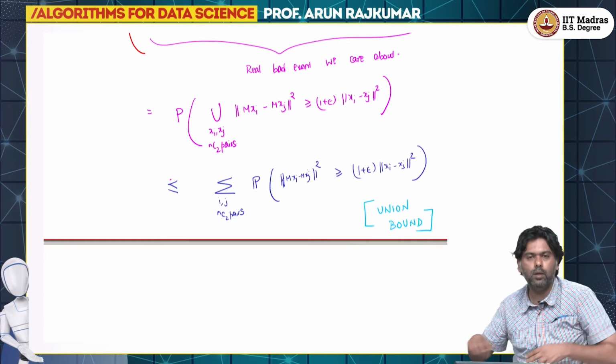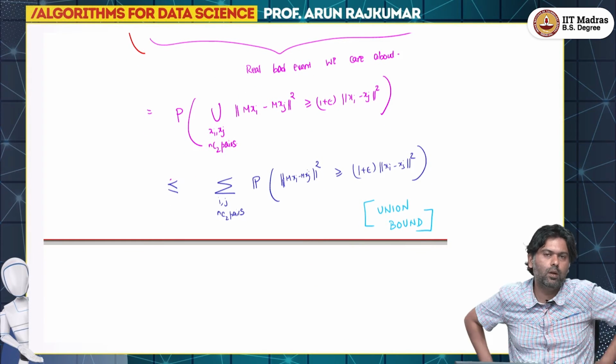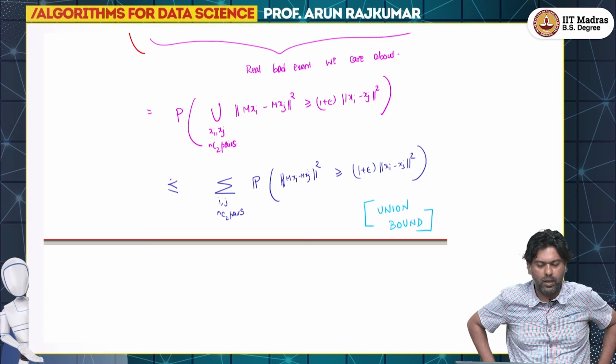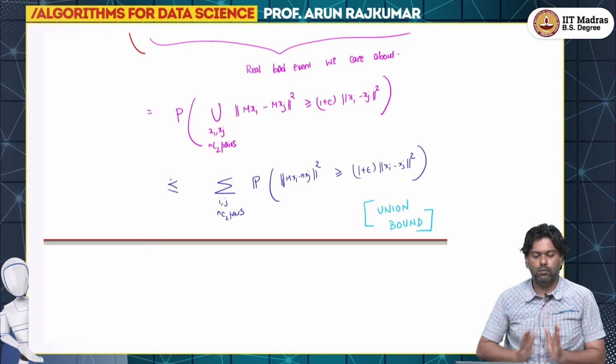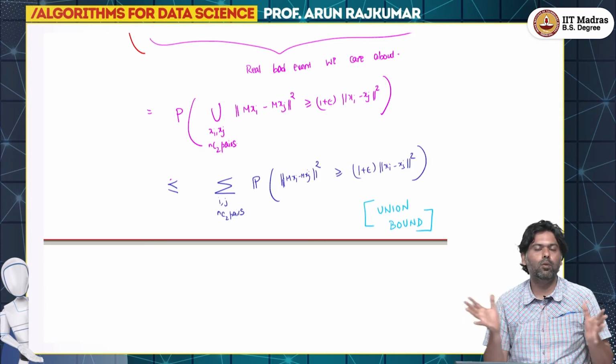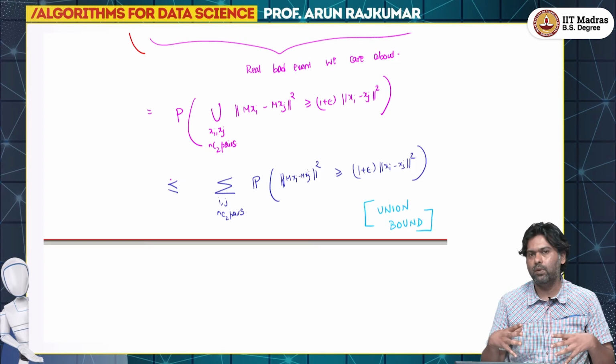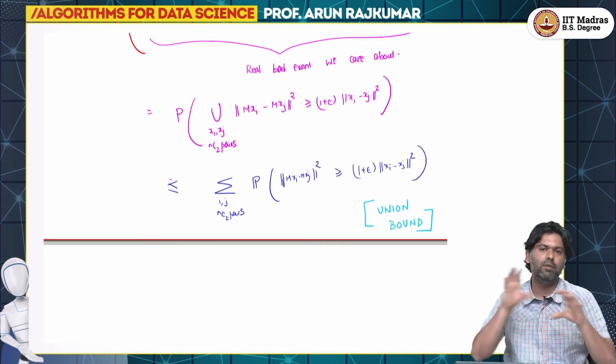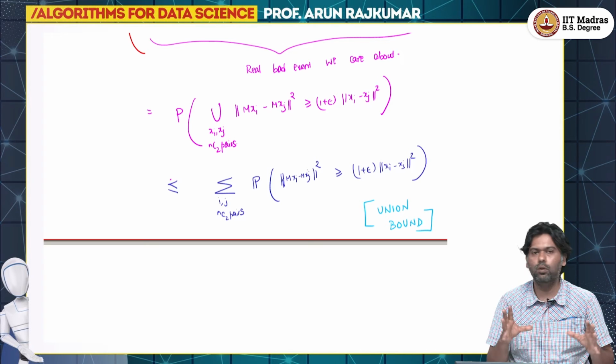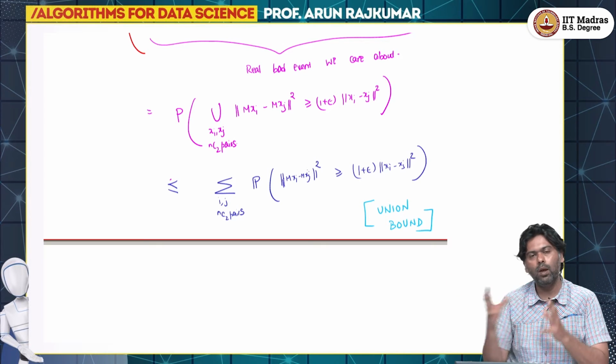I want the union of bad events to be the actual bad event that I care about, but I don't have a good way to talk about the intersection of these events. So I am just going to loosely think of each of these bad events as separate, completely ignoring the intersections, which means I am upper bounding.